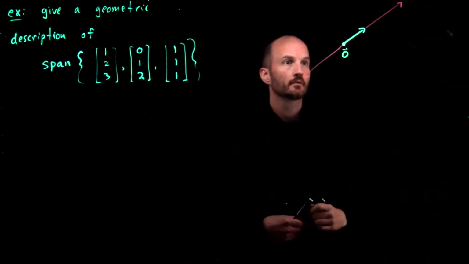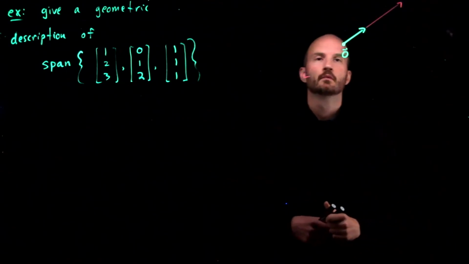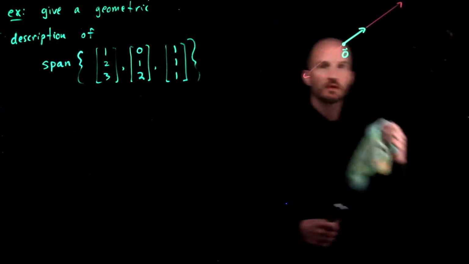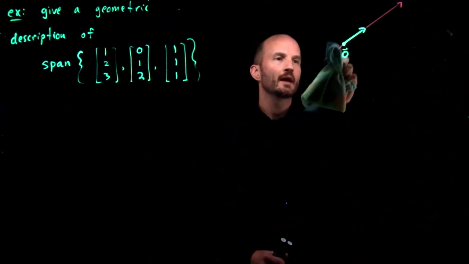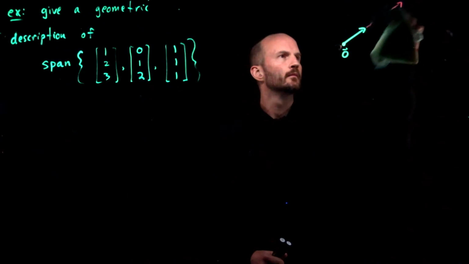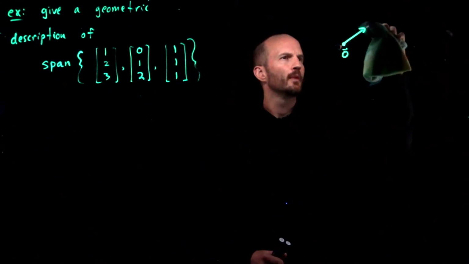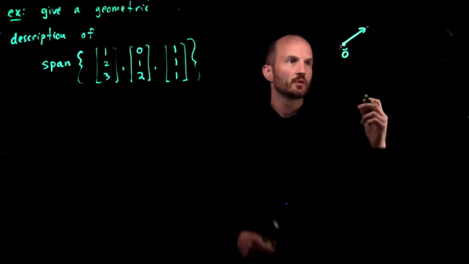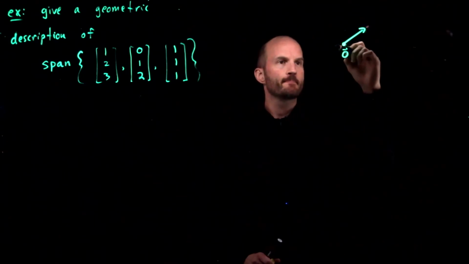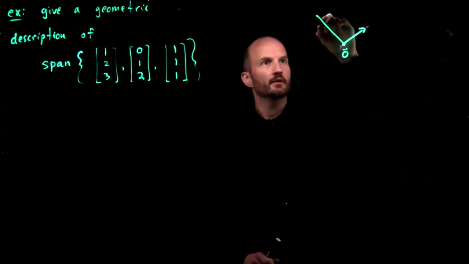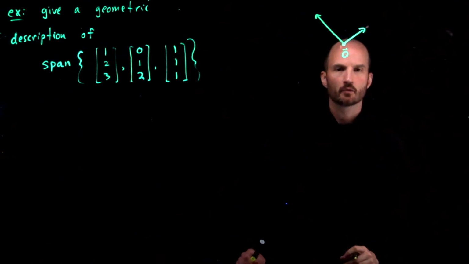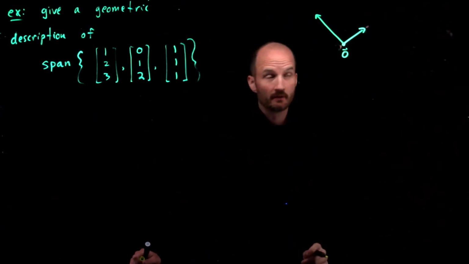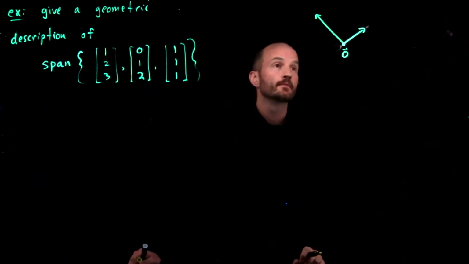Now if you get two, let's say you get two independent vectors, what would that look like? Now imagine this situation floating in space, and imagine I have another independent vector like so. So if I have two independent vectors, how do I think about it?